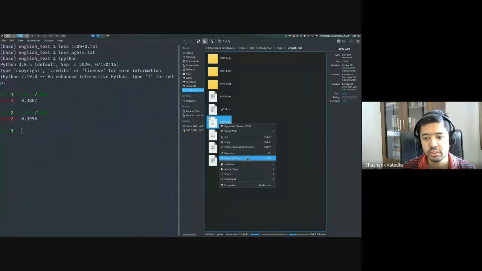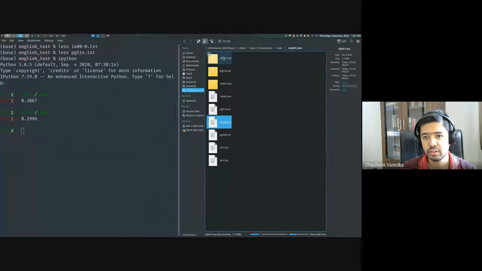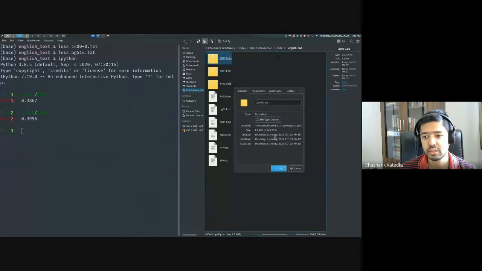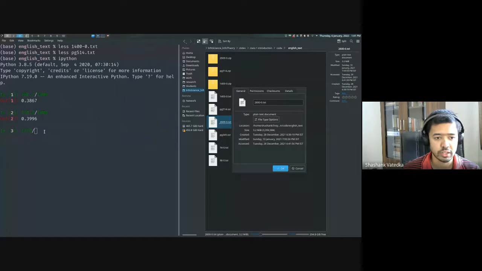Okay, so this is 3.2 megabytes, so roughly 3359 kilobytes, and the compressed file size is 1.2 megabytes. So let's see, 1220 divided by 3359.